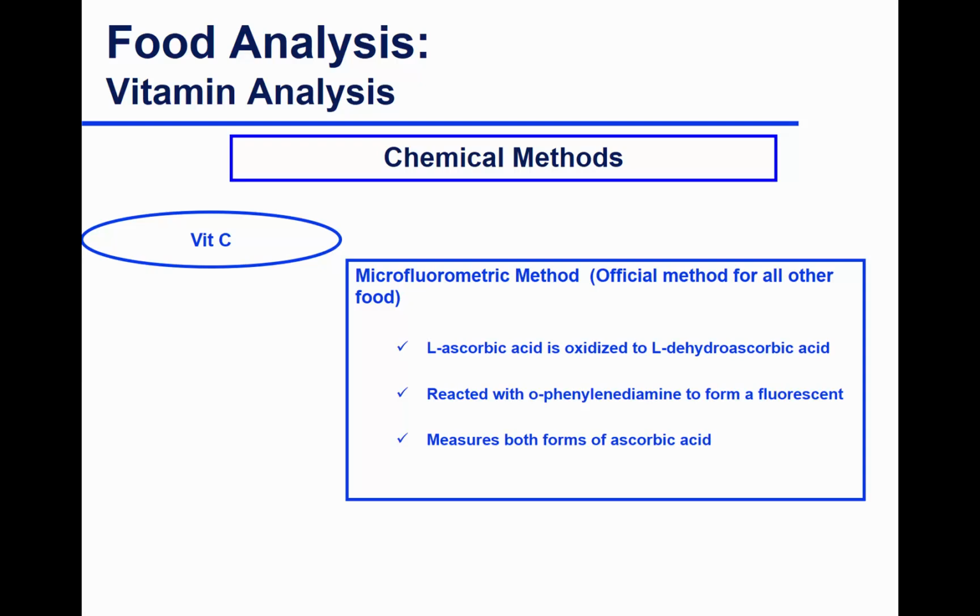This will react with phenylenediamine to form a fluorescent product, and then you measure both forms because you're converting everything to dehydro. So you're measuring the total ascorbic acid that you have. You can also run this assay with and without oxidation, and then you can get the original amount of the dehydroascorbic acid and then the total.